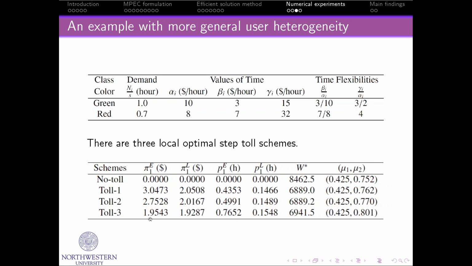However, the third one is a toll scheme that has a significantly lower toll price and higher toll length. However, all 3 optimal step-toll schemes give us similar welfare, or similar total social cost.